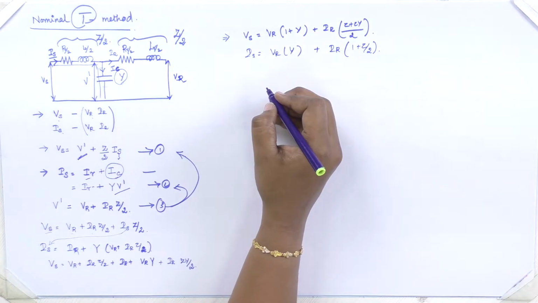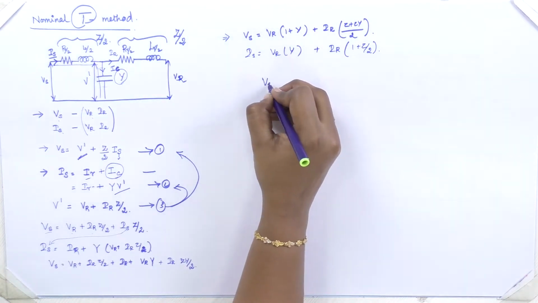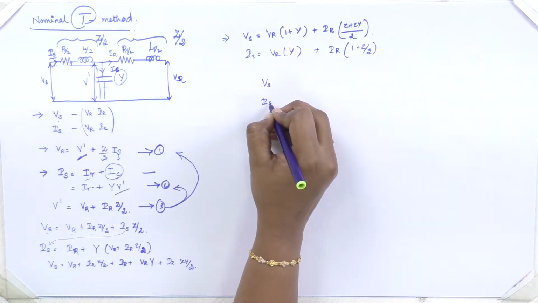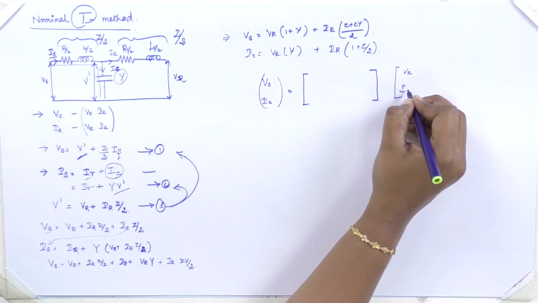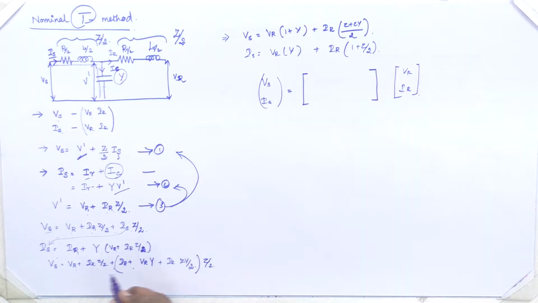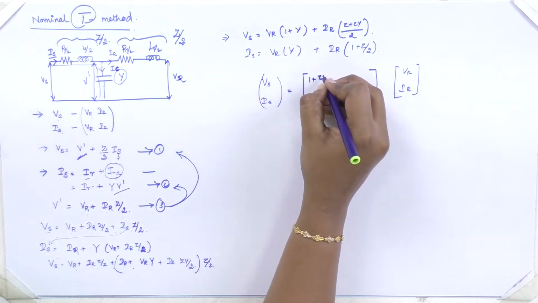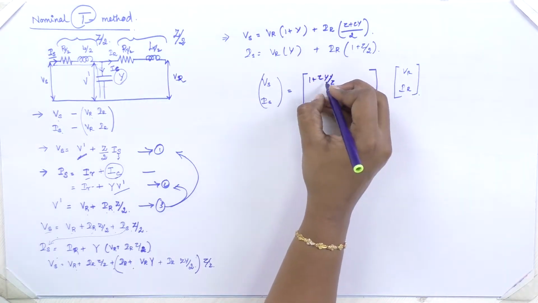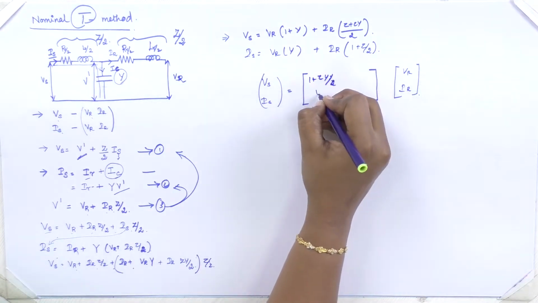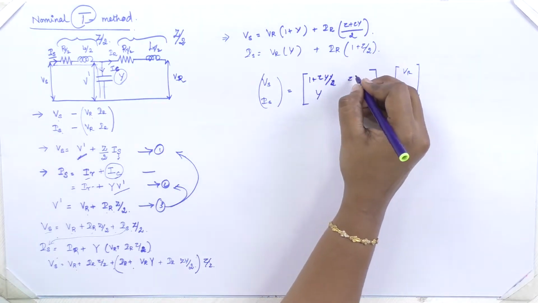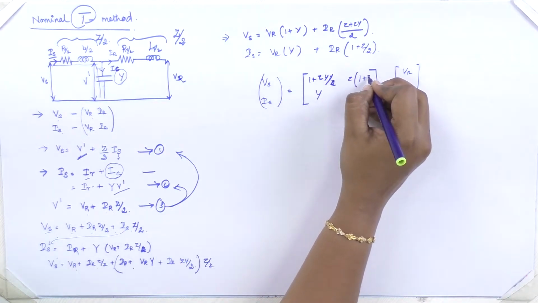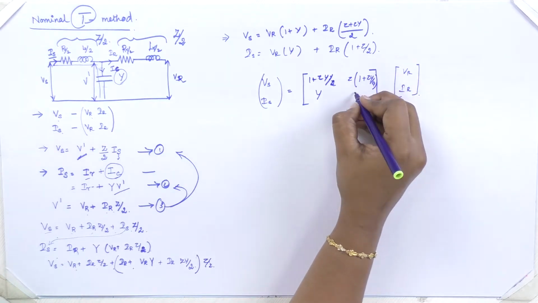Okay, when writing in terms of ABCD parameters, so Vs, VR, IR, Vs is equal to VR, substituting Is here, so multiplied by Z by 2. Therefore, Vs in terms of VR, IR will be 1 plus ZY by 2. This is Y and this is Z into 1 plus ZY by 4.